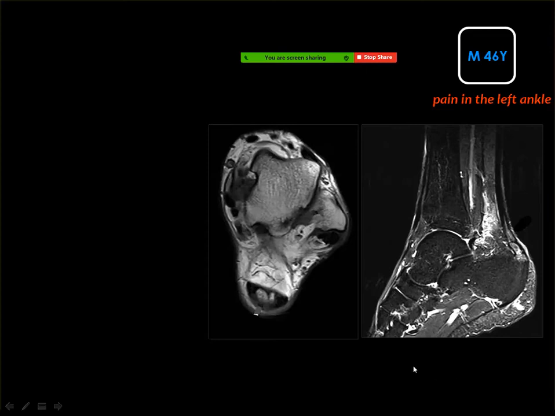The Haglund needs three findings, and there should be some fluid in the retrocalcanean bursa, and also some fluid in the subcutaneous space. But here you see a bright signal inside the tendon itself, and there are some intact fibers superficially and deep.